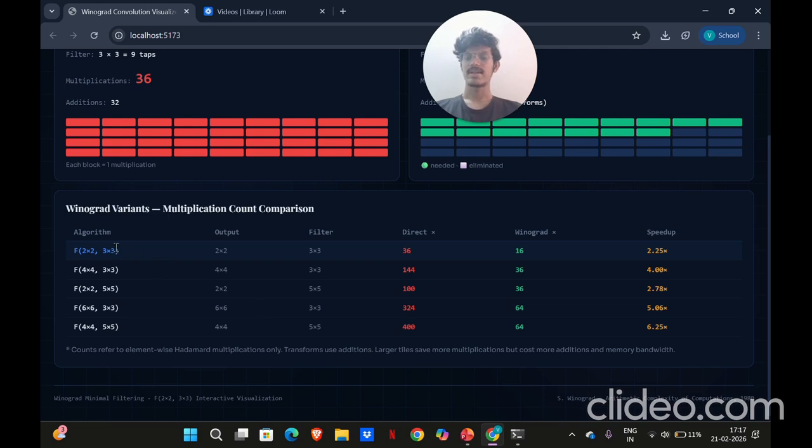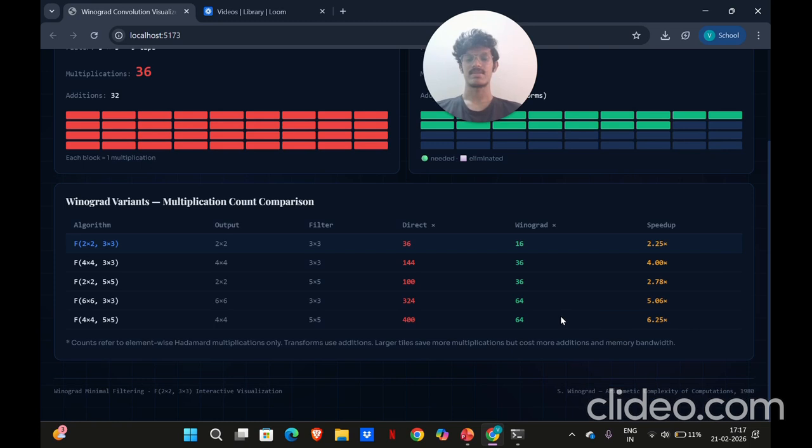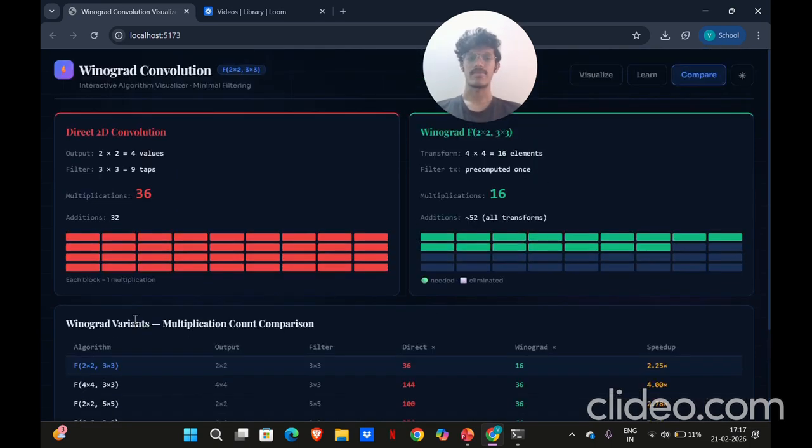As it increases, the efficiency and the speed up also increases. But there is a limit to this too, as the kernel size is the limitation in the Winograd algorithm, which we'll see in the further slides. As we increase the kernel size, there are some disadvantages we encounter, which I'll be explaining soon.